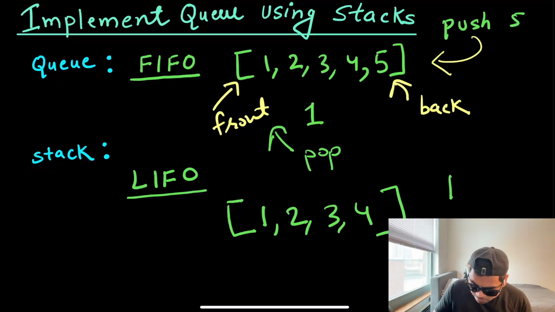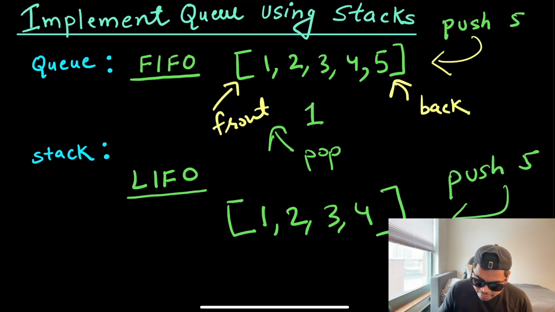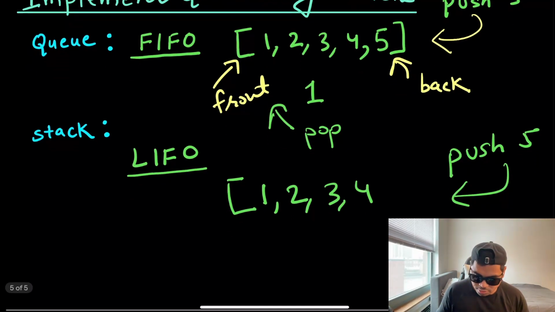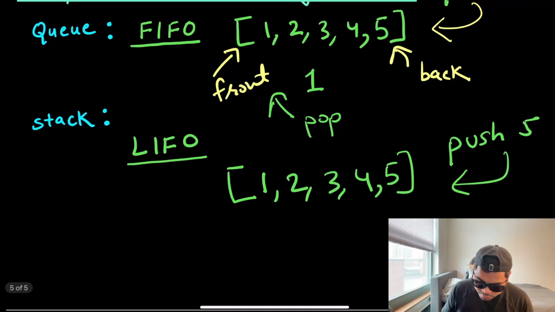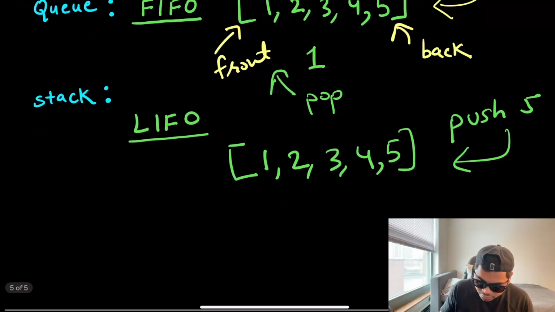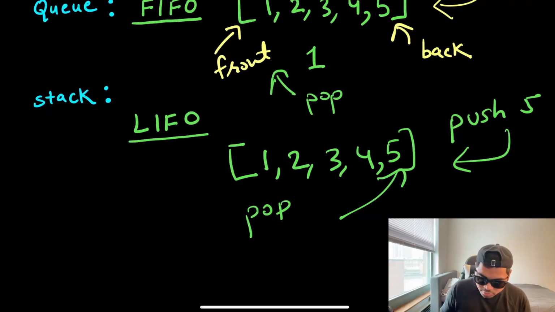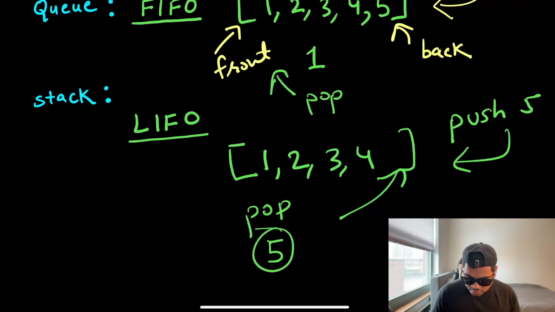And let's say I want to push 5, that will, just like a queue, go to the back of the stack. So right here I will be pushing it. But if I want to pop something out, that will also happen from the back of the stack. So I will be popping 5 out from here, and that's what I will be returning using the pop function.